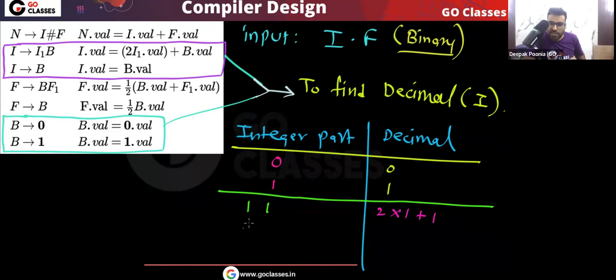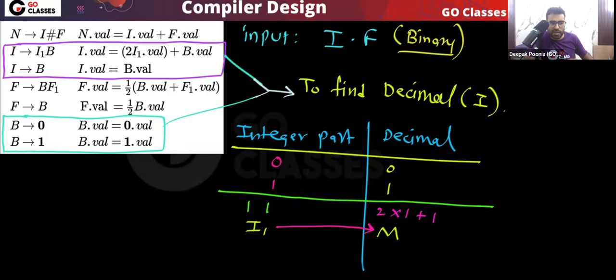Let's assume that for some integer part I1, the decimal value you have already found, and that is m. If this is your integer part I1, then the equivalent decimal will be m.